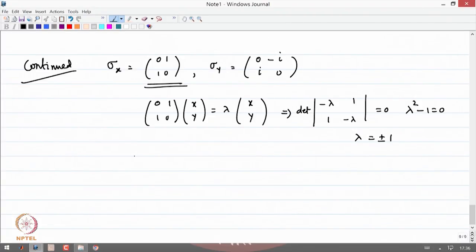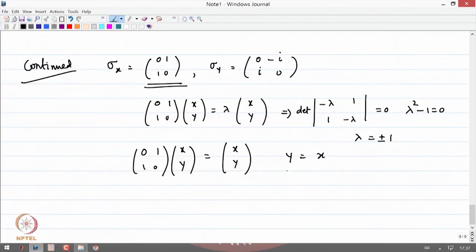Let us look at the eigenvectors. So if the matrix 0, 1, 1, 0 acts on (x, y) with lambda equal to 1, you write this as an equation and you see that y is equal to x, and here x is equal to y, which is the same equation. But we want x squared plus y squared to be 1.